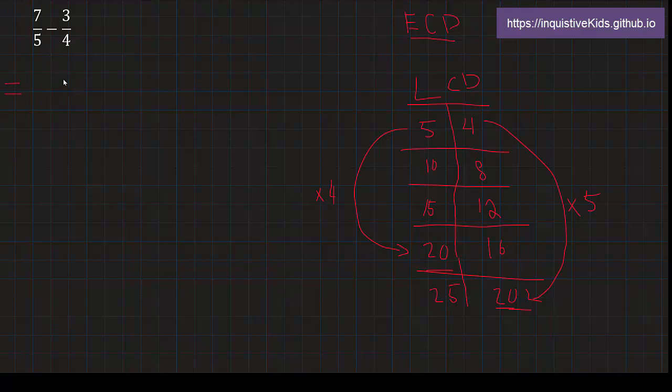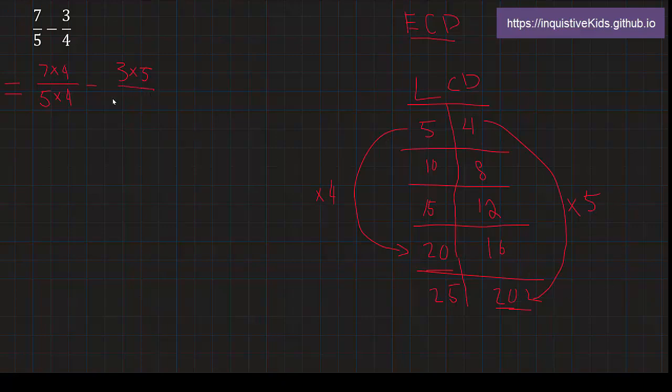The first fraction, 7/5. We multiply a 4 on both the numerator and denominator, which would be 7 times 4 over 5 times 4 minus 3 times 5. So over here, we have a 3 times 5 because for the 4, we multiplied a 5 to the 20.